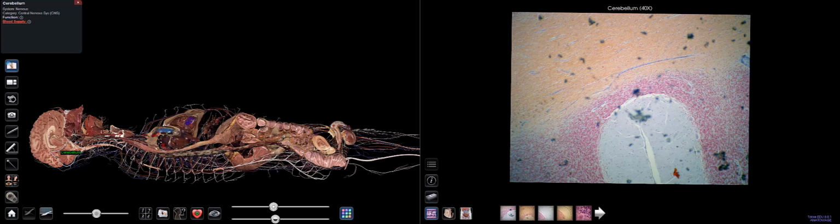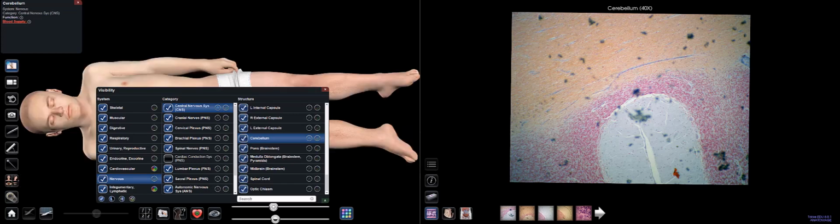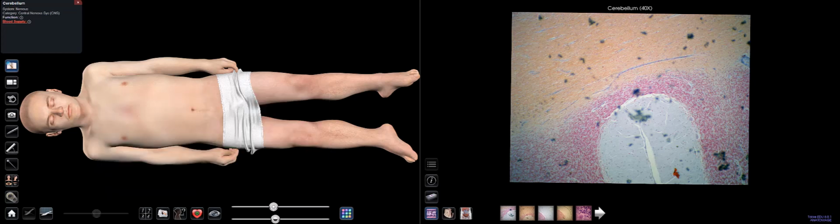All right, so if we put this guy back together, okay, undo, and we give him back all his organ systems, and we turn him right side up, and we take away the histology part, so we can go back to him normal.